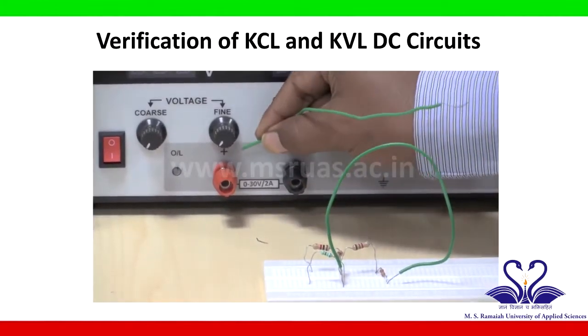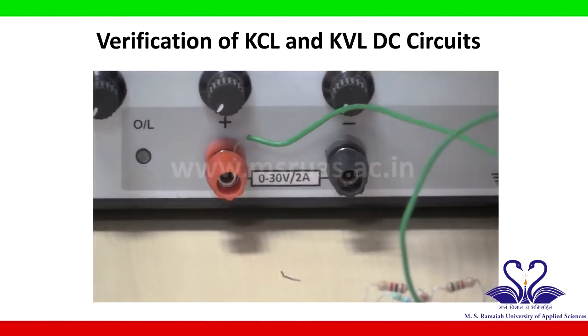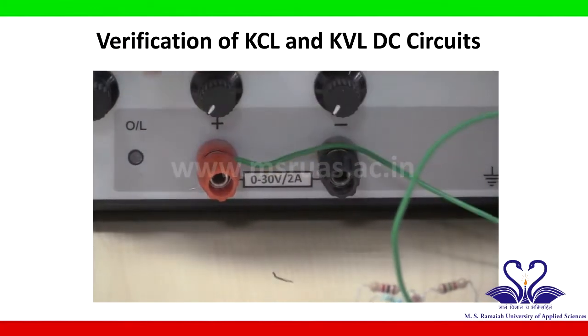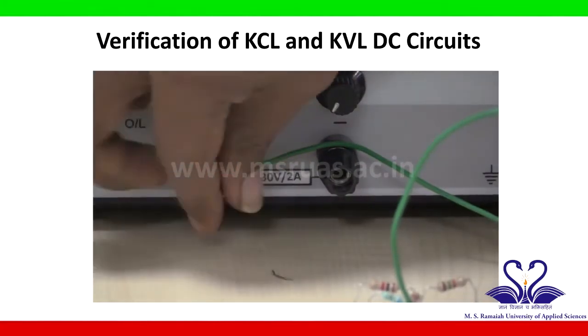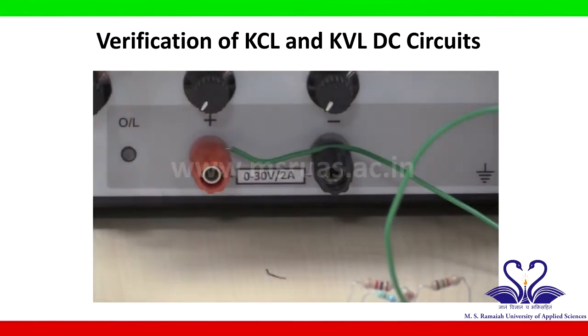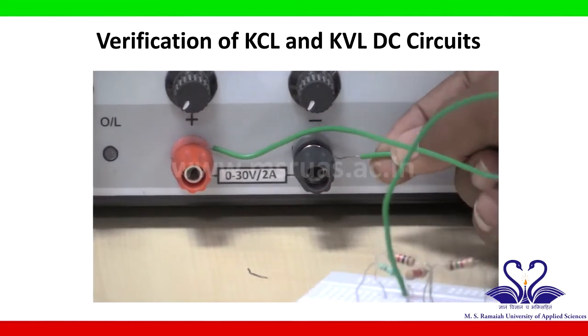Now first let us take one channel of the RPS and connect the connecting wires to give the supply. Here the red one indicates positive polarity and the black one indicates negative polarity.